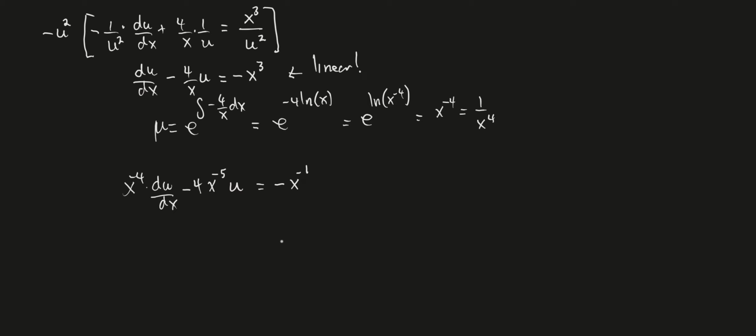Now, if we look closely on the left-hand side, we can see our product rule, right? That product rule in reverse. We have our f there, and then this would be f prime. And then there's our g, and then this is g prime. So there it is, our product rule.